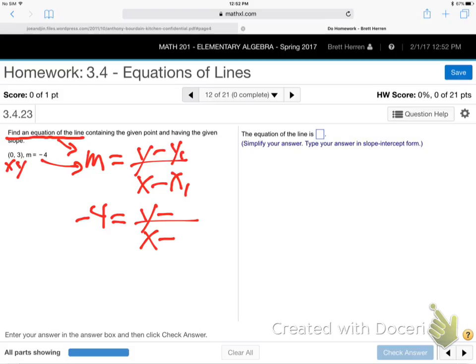We good? So the x value of 0 and the y value of 3 go behind them. Is that making sense? So I put the x behind the x and the y behind the y.